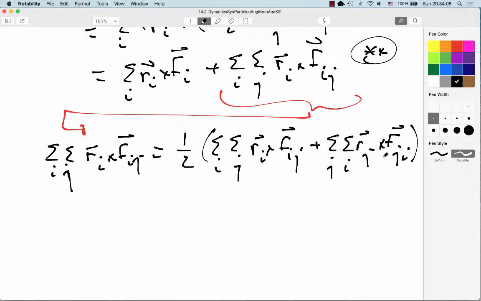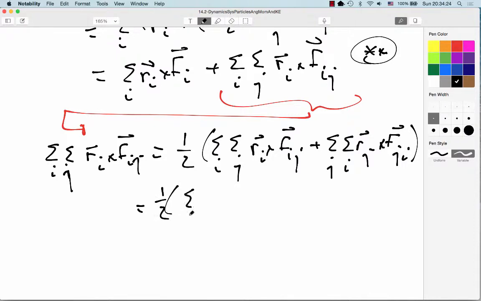And by Newton's third law, I can go ahead and rewrite this as minus F_ij, so I will.